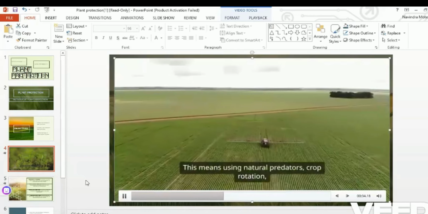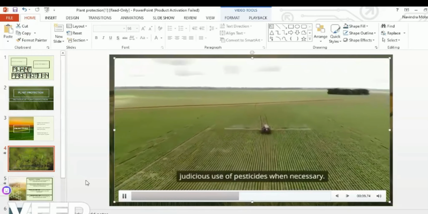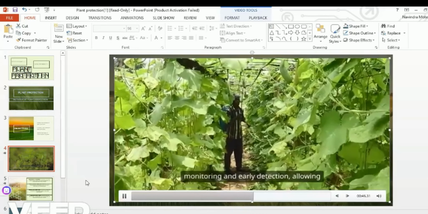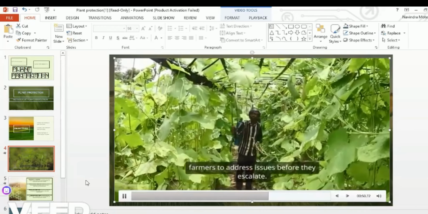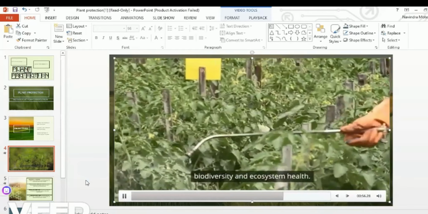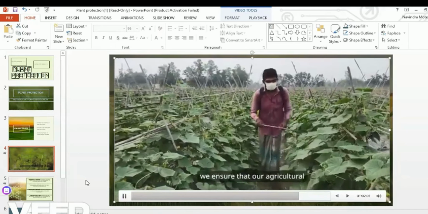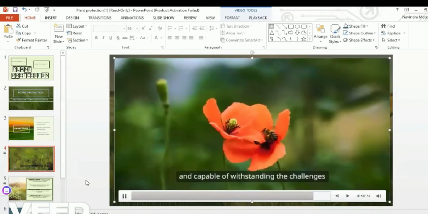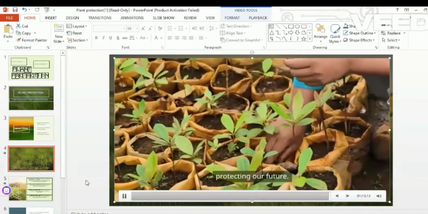This means using natural predators, crop rotation, and resistant plant varieties, alongside judicious use of pesticides when necessary. Additionally, plant protection involves monitoring and early detection, allowing farmers to address issues before they escalate. Healthy plants not only contribute to food security, but also support biodiversity and ecosystem health. By prioritizing plant protection, we ensure that our agricultural systems are resilient, productive, and capable of withstanding the challenges posed by climate change and global trade. Protecting plants means protecting our future.